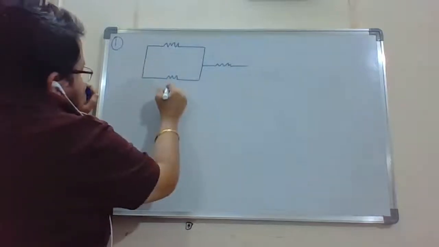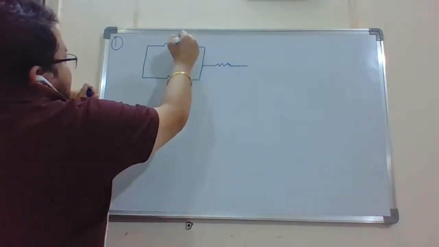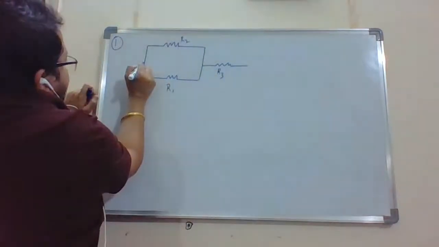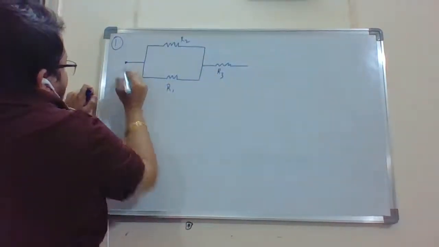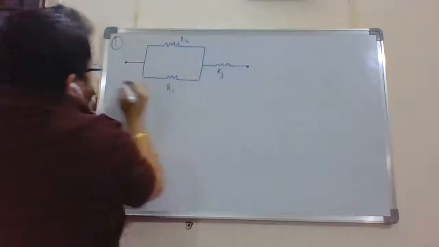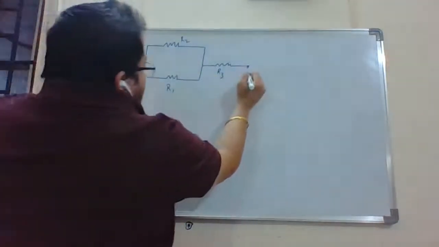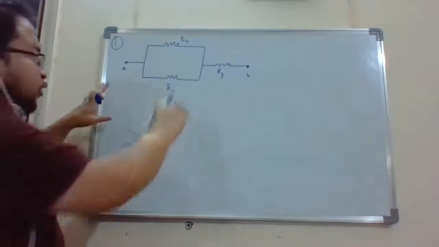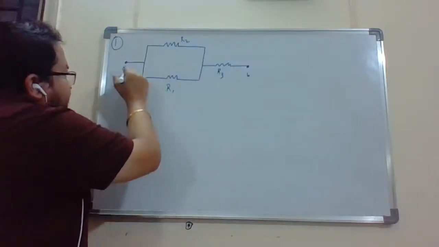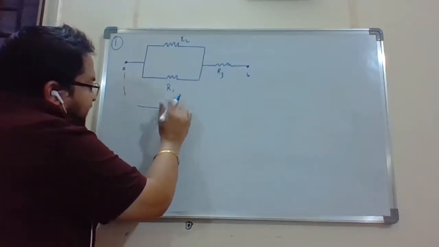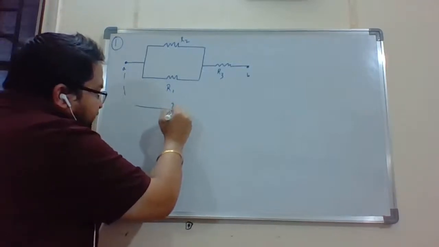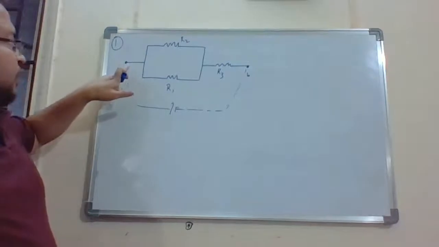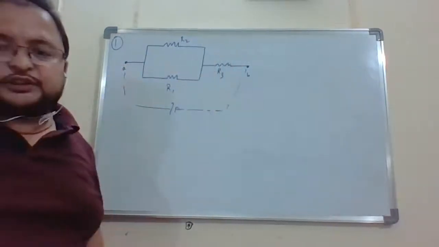This is say R1, this is R2, and this is R3, and I'm saying find out the equivalent resistance across points A, B, which means, though I have not shown it in the picture, assume that this is connected to a cell, and in the problem we want to find out the equivalent resistance across these two points.